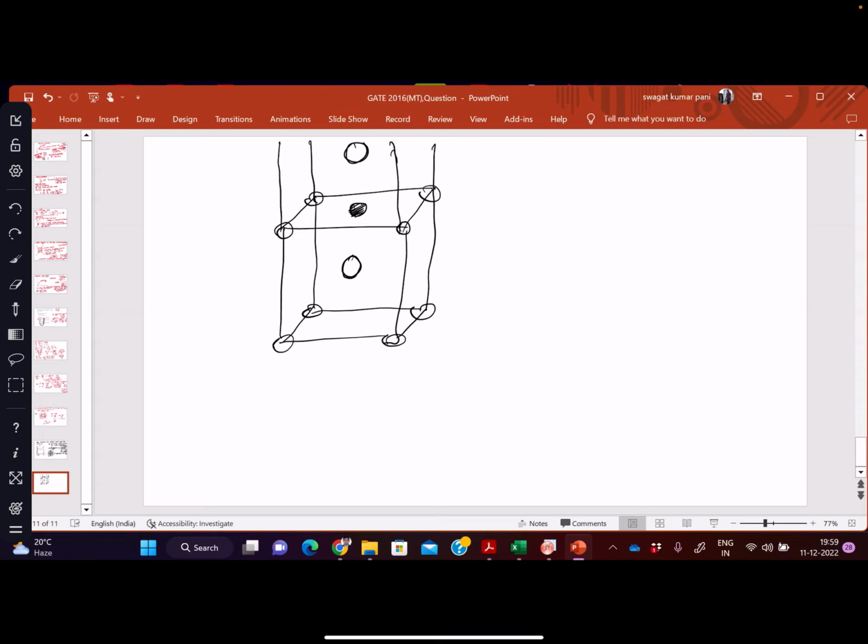Okay, so we have in body center one atom, here one atom, so this makes the octahedron. So this is our octahedral void. So why is it unsymmetrical?